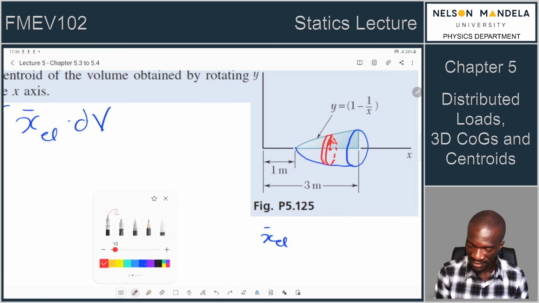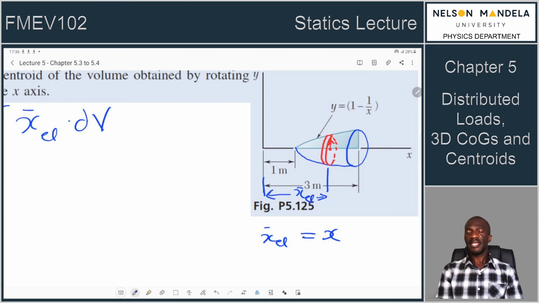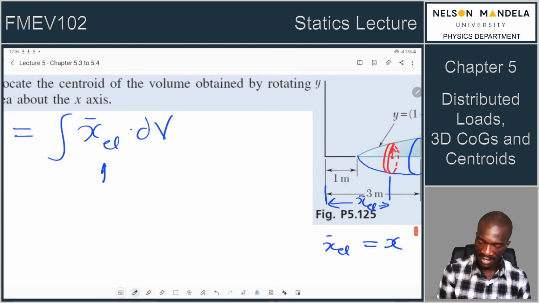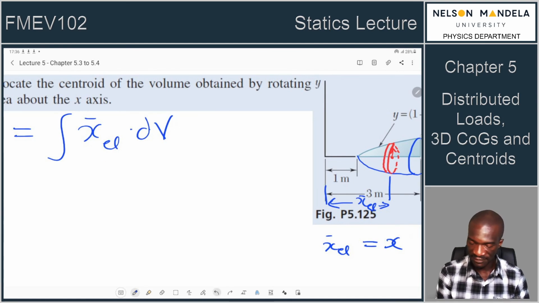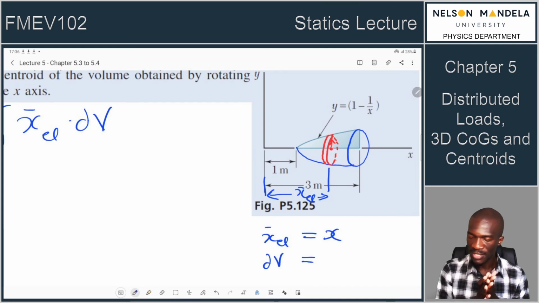So we now have its x element, which is obviously given by just what? By just x. So that's the x position from the start position. So that's our x element of the strip. Then what do we want? X element, we now have it. What we want is dV, the definition of dV. A volume element is an area times the thickness.